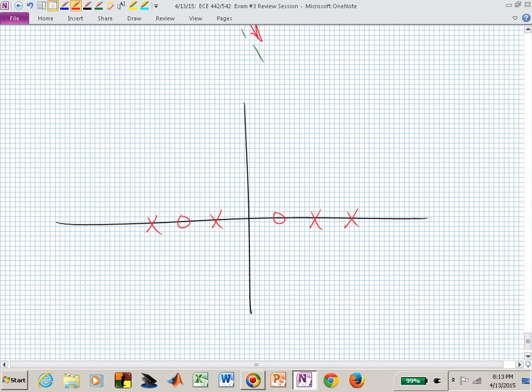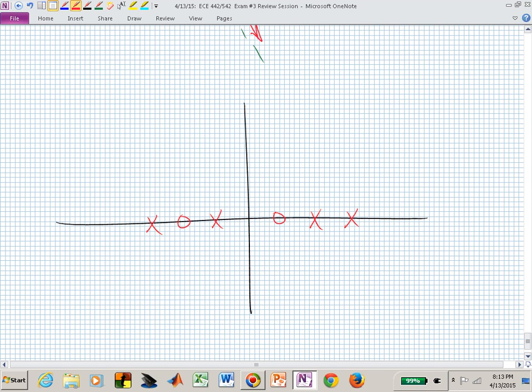But now you're given this configuration. What's the pole zero excess? It's getting late, isn't it? How many poles do we have? How many root locus branches do we have? 4.